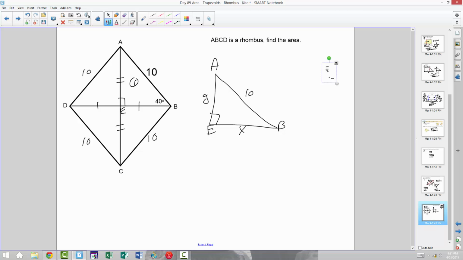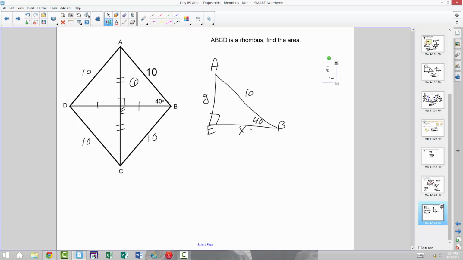Well, how do I solve for x and y knowing that I have 10 and 40 degrees for angle B? Well, I can't use the Pythagorean theorem because I don't have another side length. I can't use special right triangles because it's not 45, 45, 90 or 30, 60, 90. Therefore, to solve for a missing side given a right triangle with one angle and one side, I use trig.